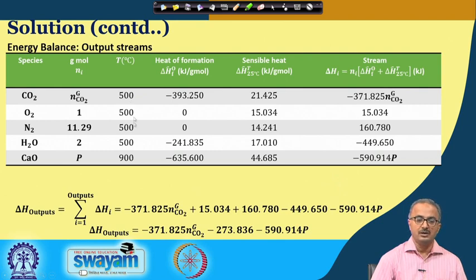Once you know the temperatures of the various streams, you can find these particular values very easily by integrating from 25 degree centigrade to these temperatures, and then you are simply adding these two and multiplying with the number of moles, and now you get this kind of output.